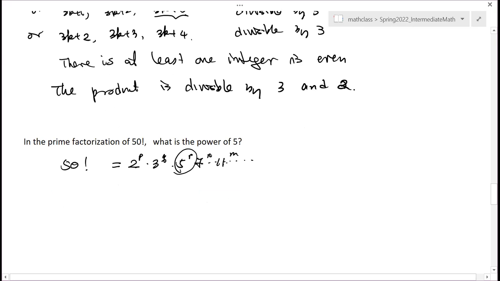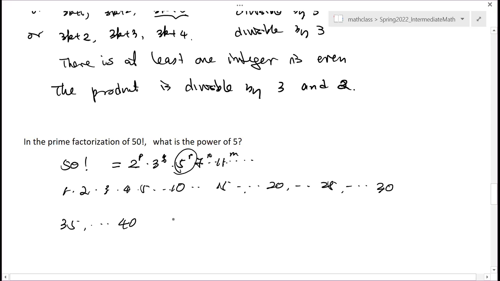50 factorial is 1 times 2 times 3 times 4, and so on. Since we only consider 5, which ones contain 5? 5, 10, 15, 20, 25, 30, and then 35, 40, 45, and 50.